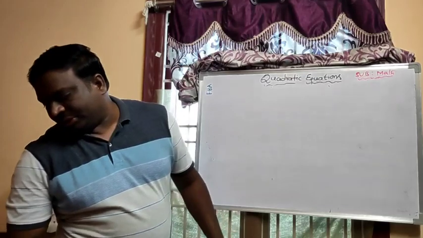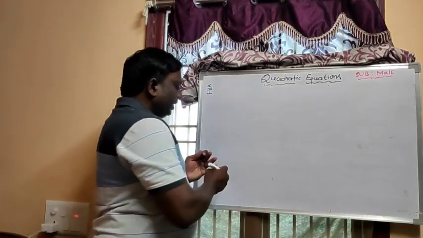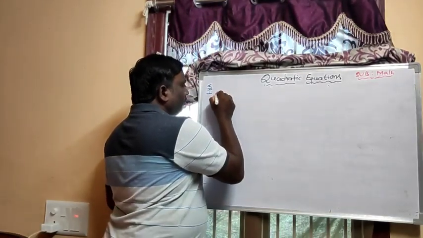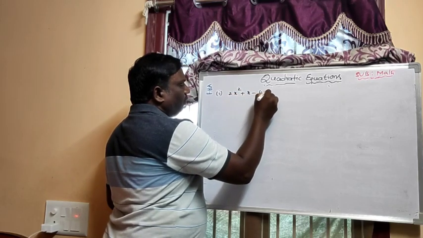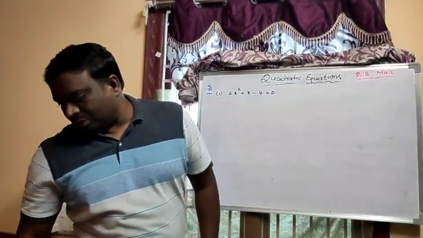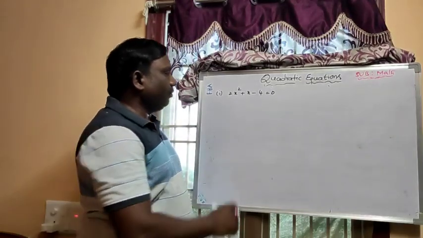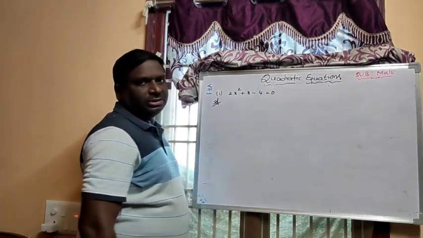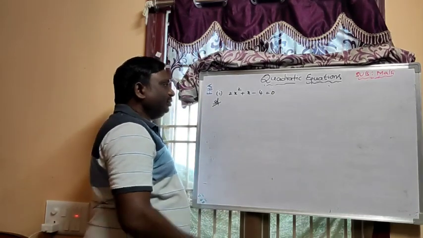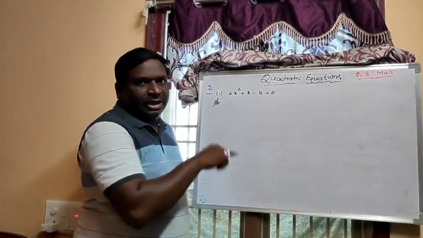Now I am taking the question 2x square plus x minus 4 equal to 0. This is the question they gave from your textbook exercise 5.3. So they are asking by using completing square.